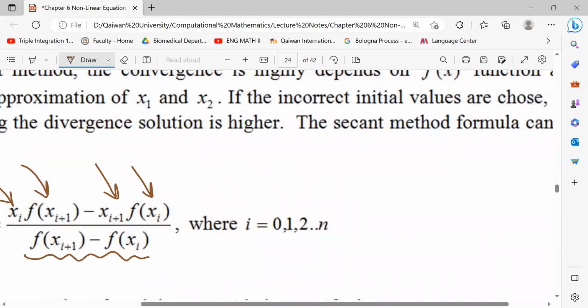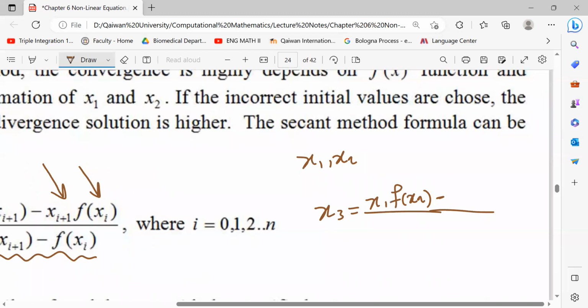If we have x1 and x2 given, x3 could be obtained by this rule. It is x1 times f of x2 minus x2 times f of x1, all divided by f of x2 minus f of x1.